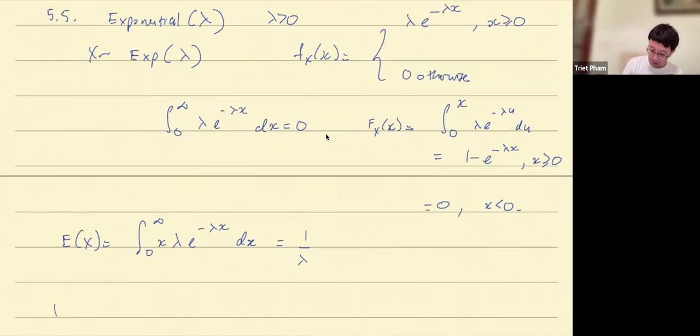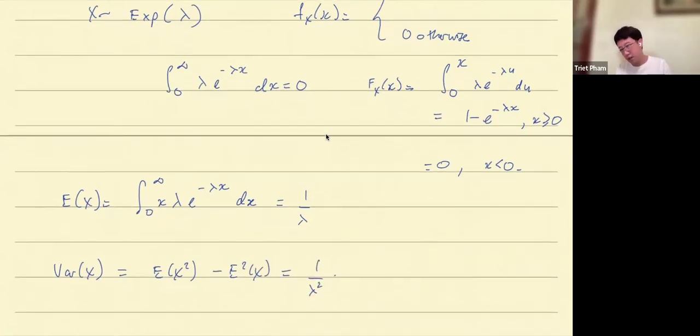And the variance, again, is the expectation of the square minus the square of the expectation, which is 1 over lambda squared. Again, what's the proof? Integration by parts. Do I want to do it? No, I don't want to. I can, but it's boring. So these are the two results.